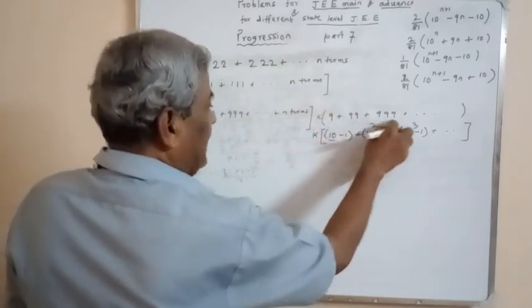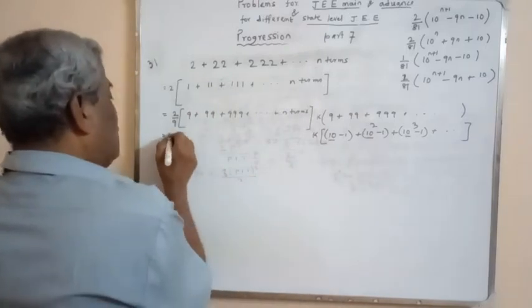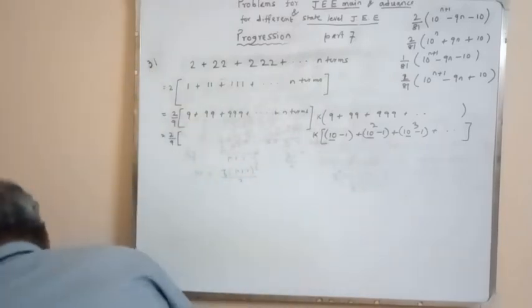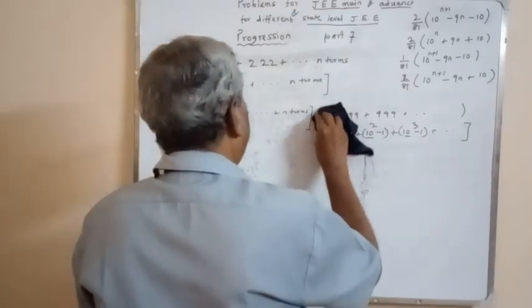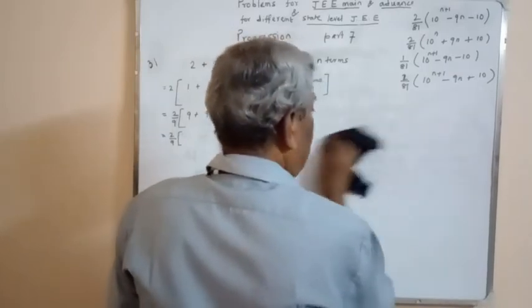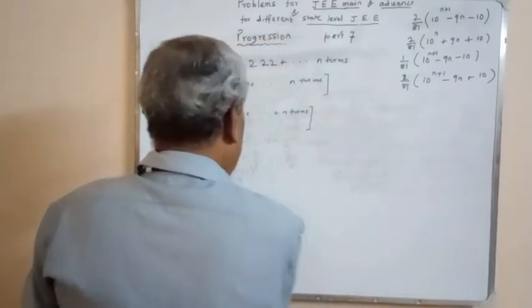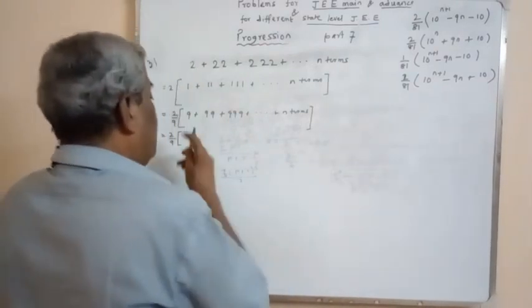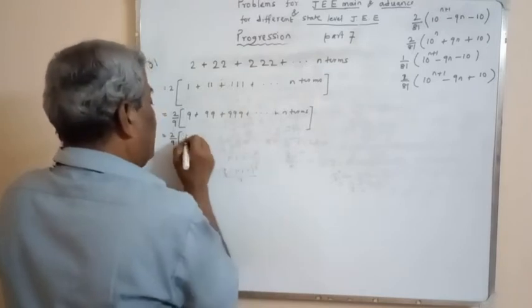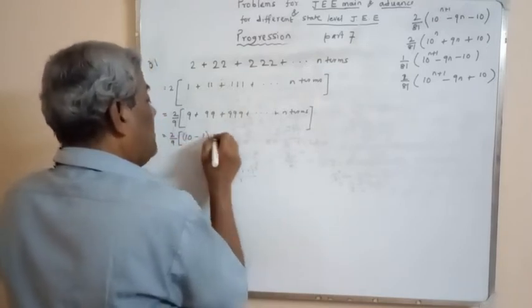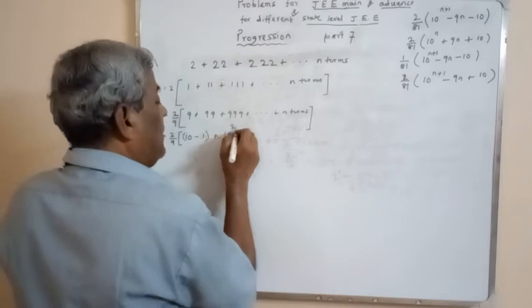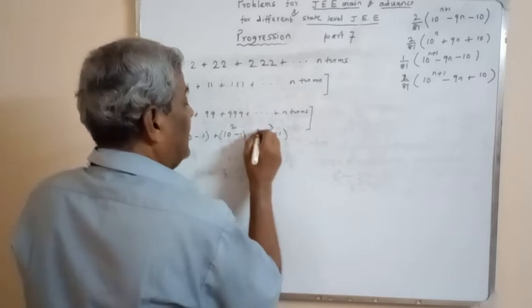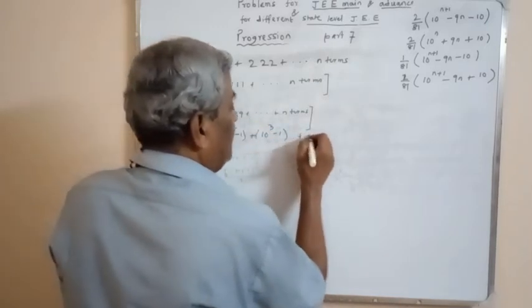So it is equal to 2 by 9 into, as I told you, 10 minus 1 plus 10 square minus 1 plus 10 cube minus 1, this way up to n terms.